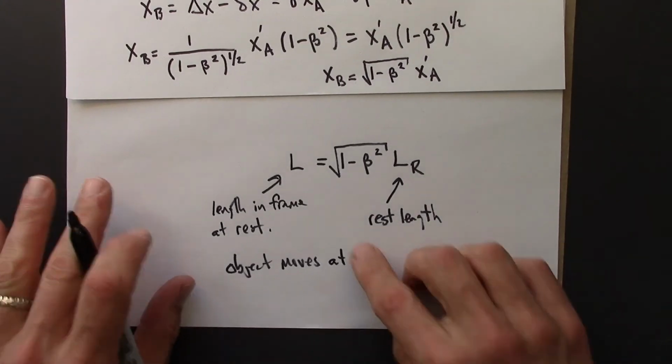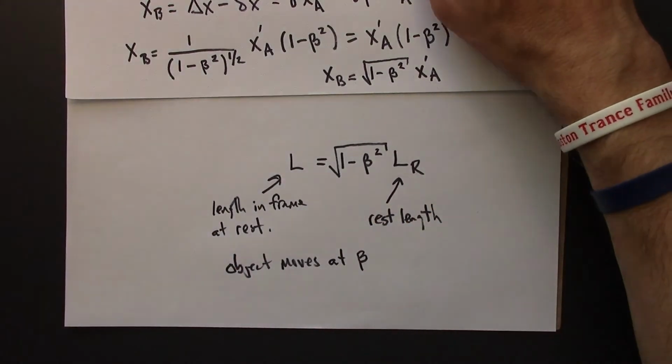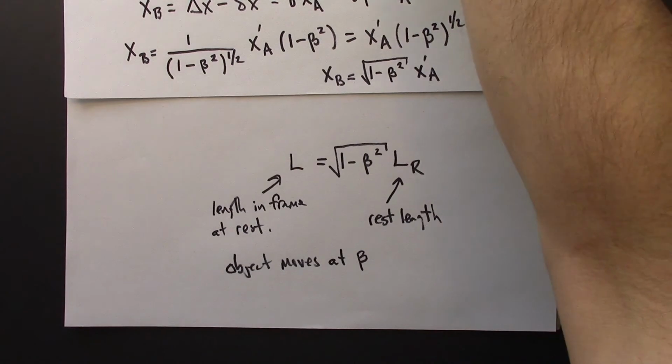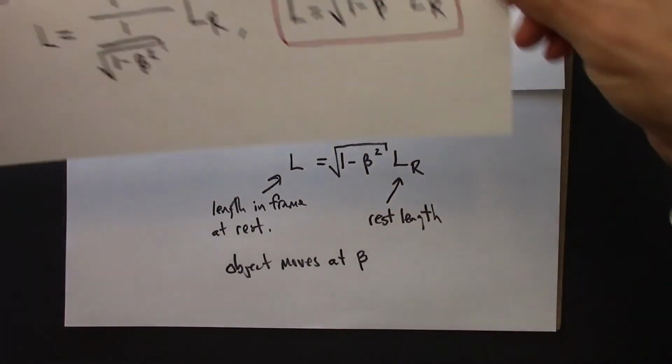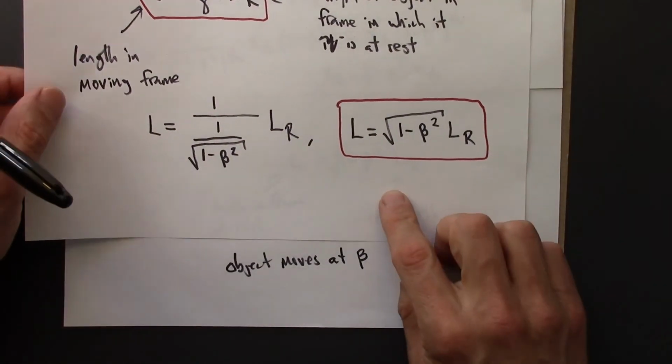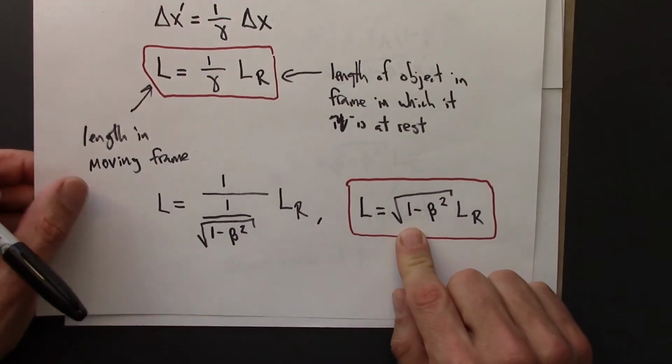And so we end up with a formula that looks just like the form that we had before.